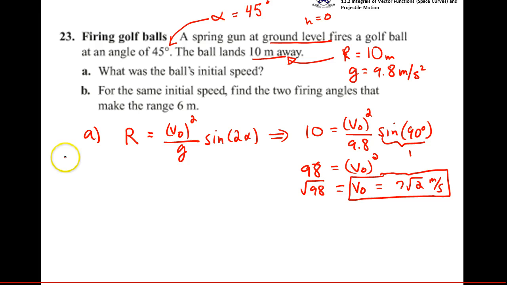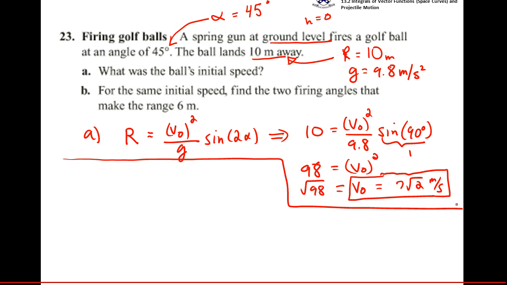Now part B is a little more involved. It says, for that same initial speed, when v naught is 7 root 2 meters per second, find two firing angles that would make the range equal to 6 meters.